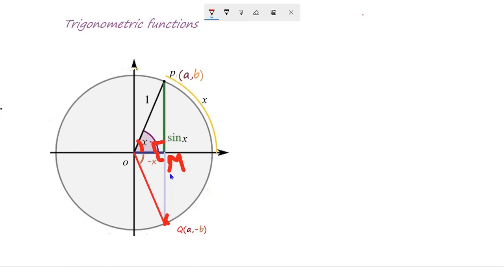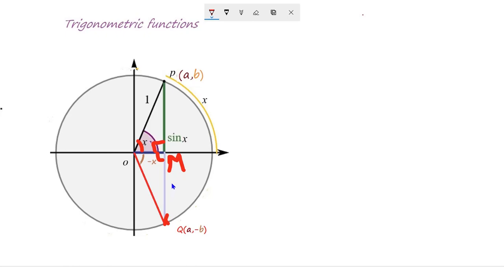In congruent triangles, you know this result: corresponding sides are equal. Therefore, here OM is a common side, and MP and MQ are equal. Now you can decide the coordinate of Q. This distance is a and MQ is also b.